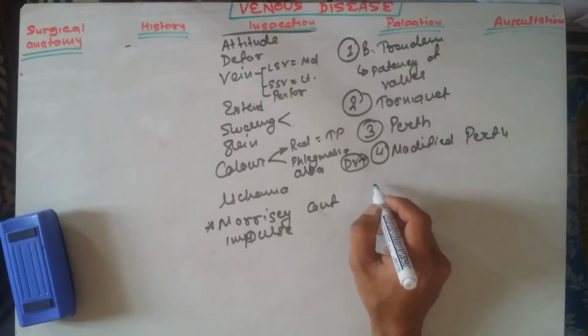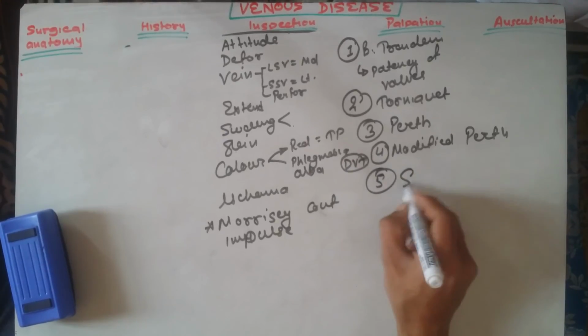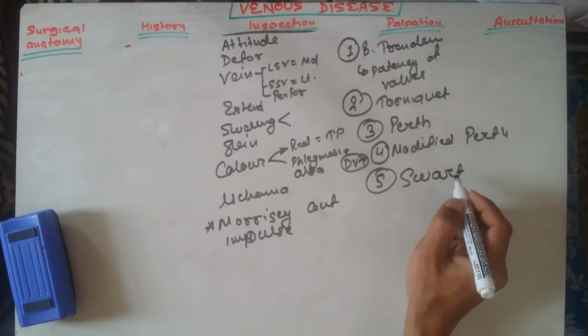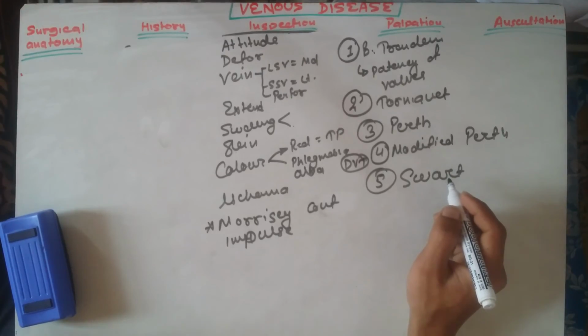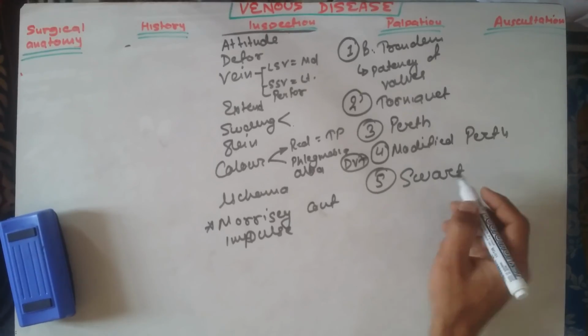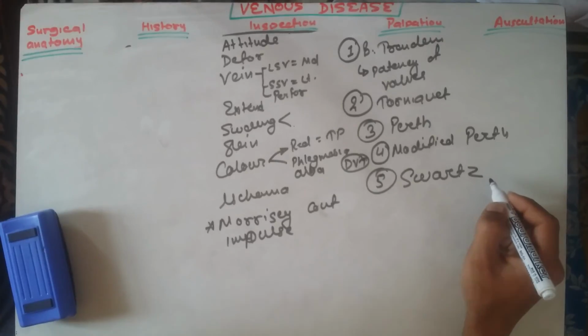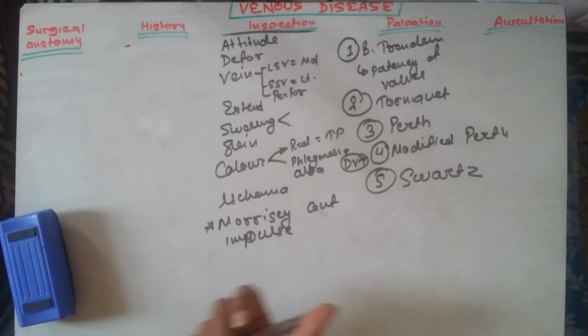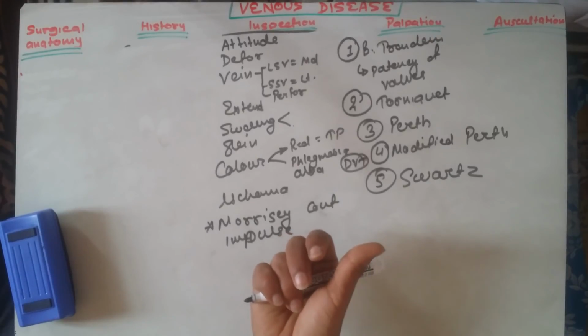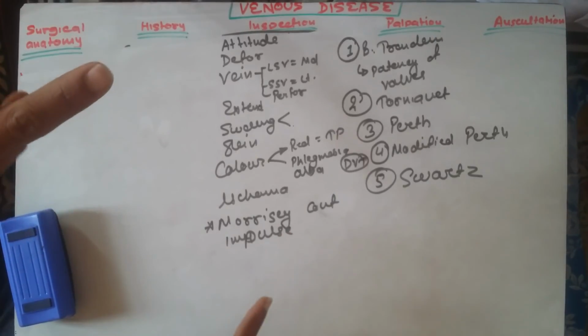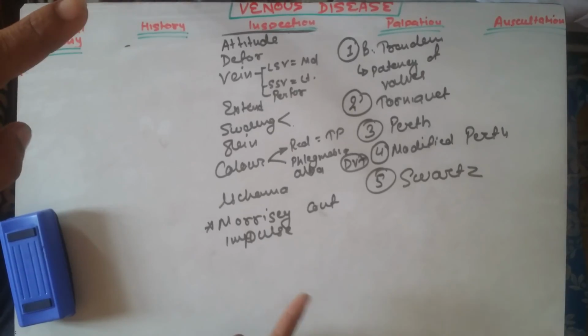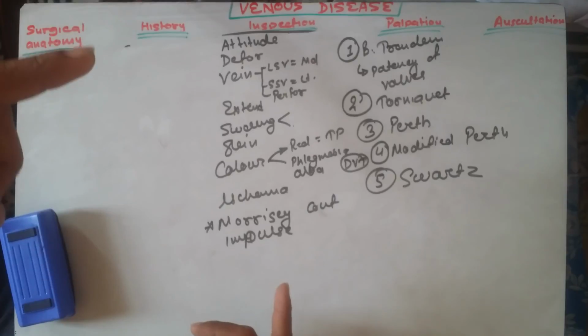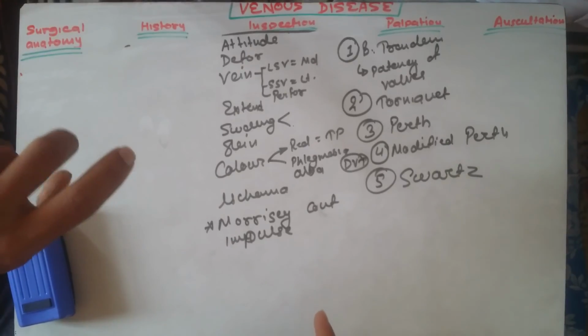The other is the Schwartz test. The Schwartz test is a very easy test. In the Schwartz test, with one hand we feel the saphenofemoral junction, and with the other hand, distal to the saphenofemoral junction, we find the maximum bulging part of the vein and press this distal bulging part, and feel the impulse going directly to our other hand which is situated at the saphenofemoral junction.